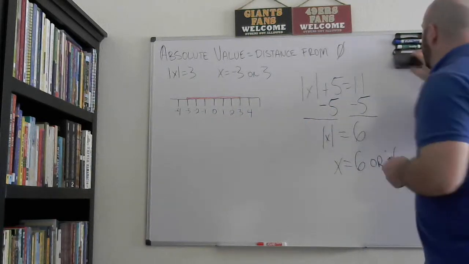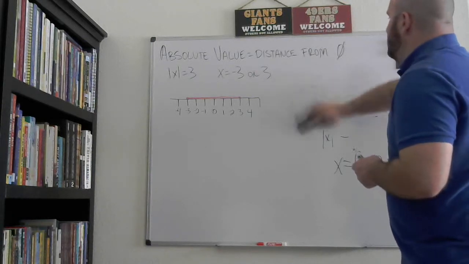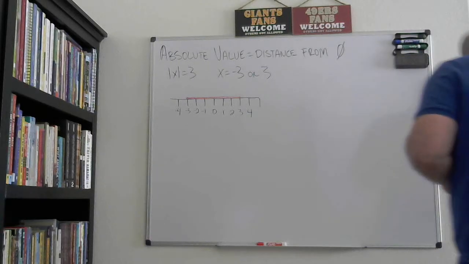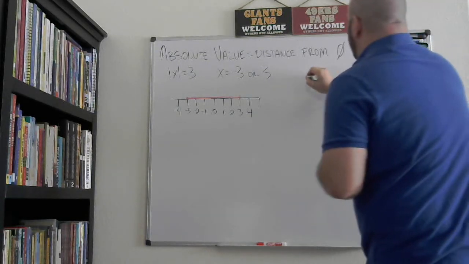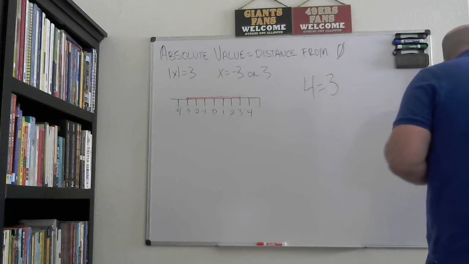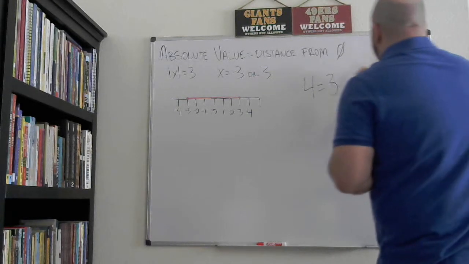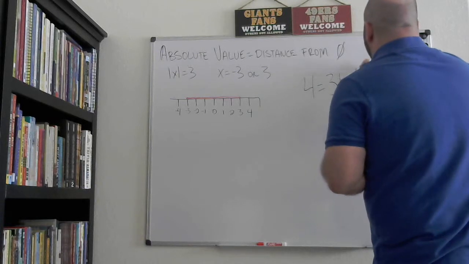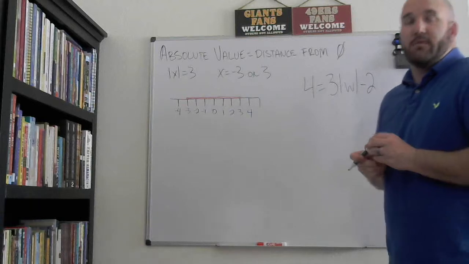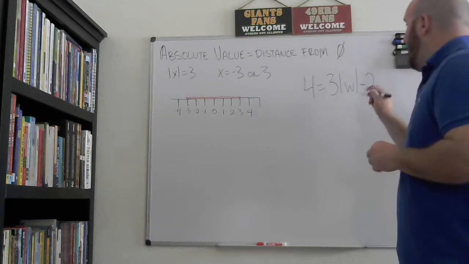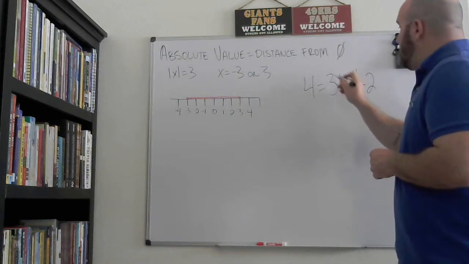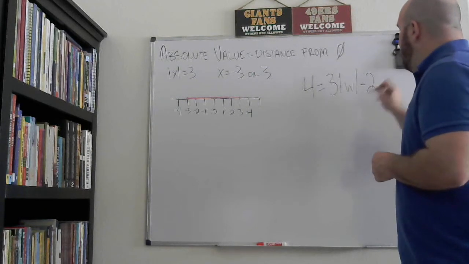Okay? It gave us a second example, this one a little bit more challenging, and that equation was 4 equals 3 times the absolute value of w minus 2. So again, we're going to solve this just like we would solve any other equation. We want to isolate the variable on one side, the constant on the other. So what this says is 3 times the absolute value of w, minus 2.